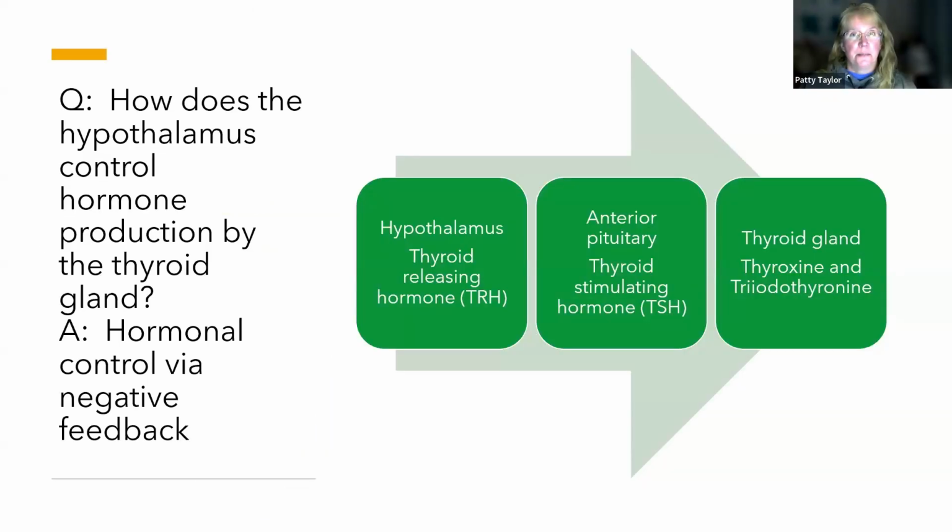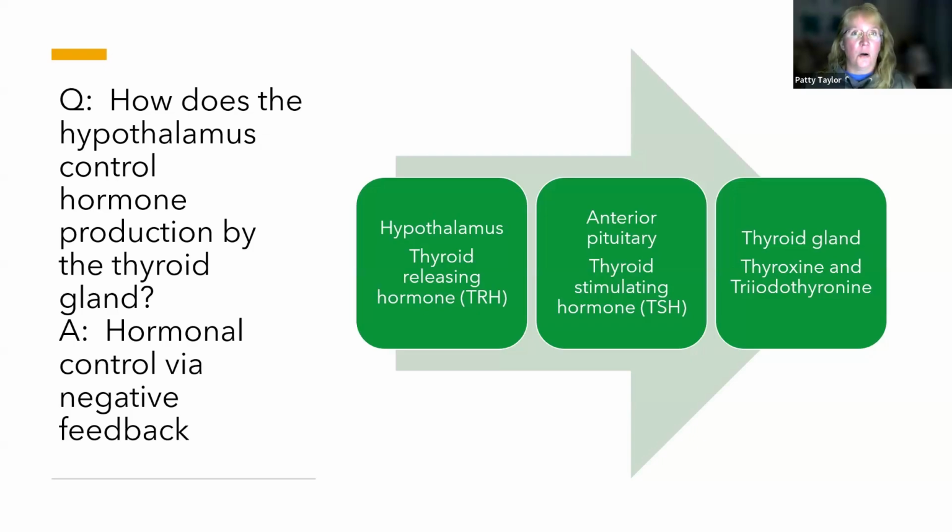So to take a step back and think about how the thyroid gland knows to make its thyroid hormones, the control actually originates in the hypothalamus. So the hypothalamus ultimately controls how much thyroid hormone is made, and it's by a negative feedback loop that originates with thyroid releasing hormone or thyrotropin releasing hormone coming from the hypothalamus.